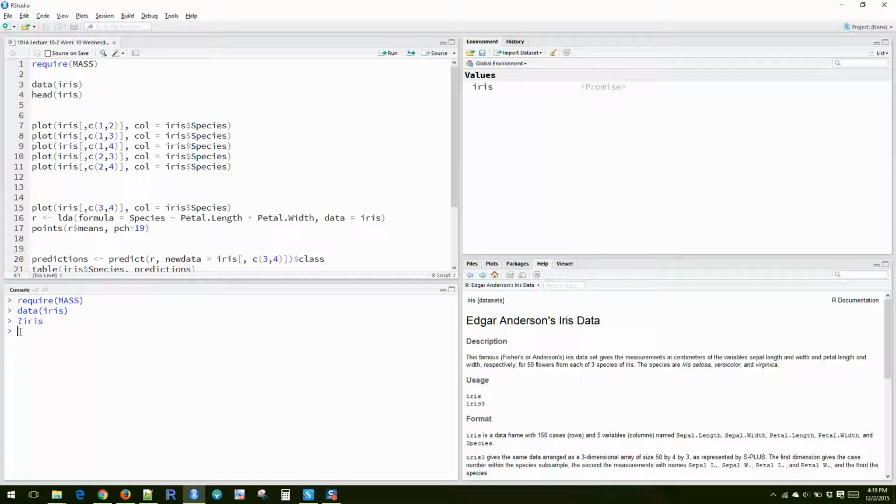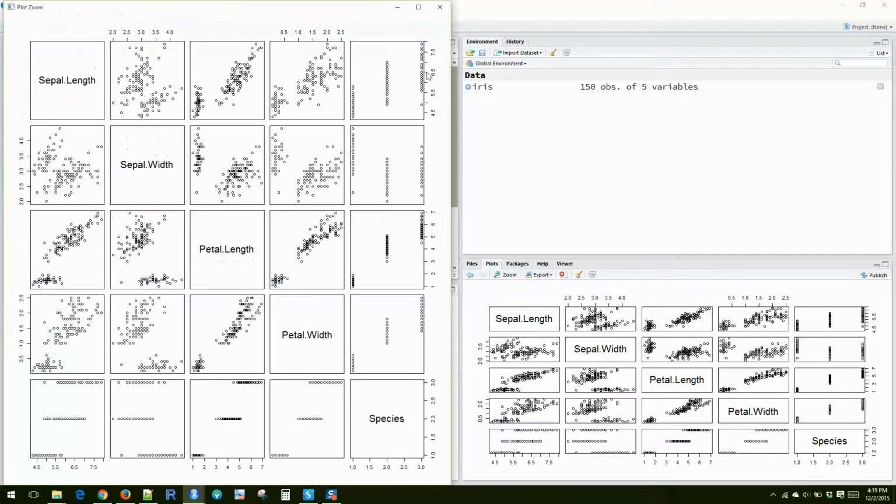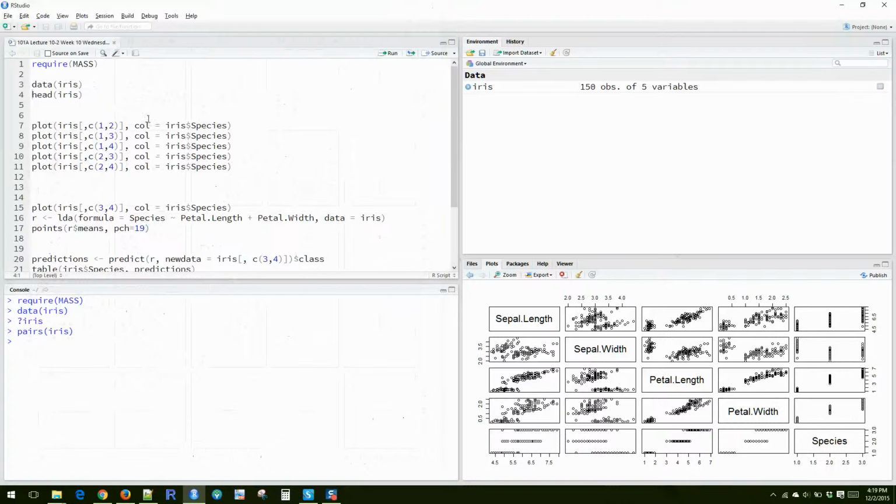All right. So let me see if I can just do pairs iris. So this looks kind of crazy. We're just plotting sepal length versus sepal width, petal length versus all of these things. Let me just create some of these pairwise plots.